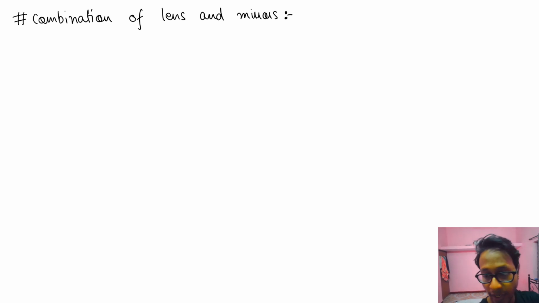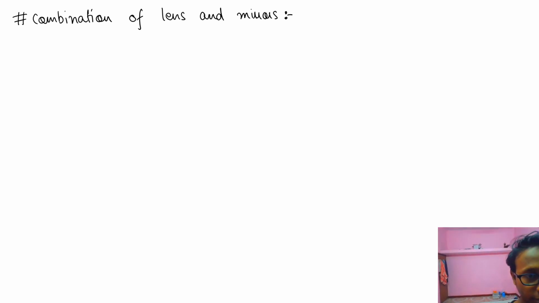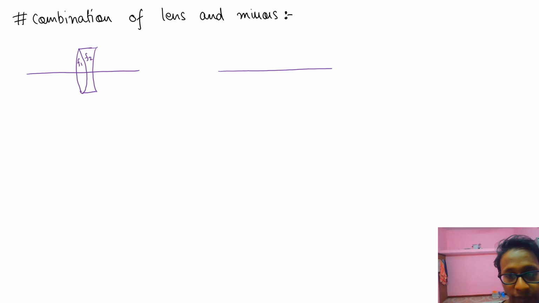Similarly here, whenever multiple lenses are there, suppose this is one lens and this is the other lens, sometimes they can be close together. This one has a focal length of f1, this one has a focal length of f2. Suppose this one lens is separated from the other lens by distance d, this one is focal length f1, this one is focal length f2.